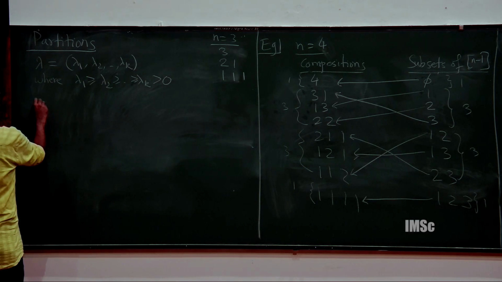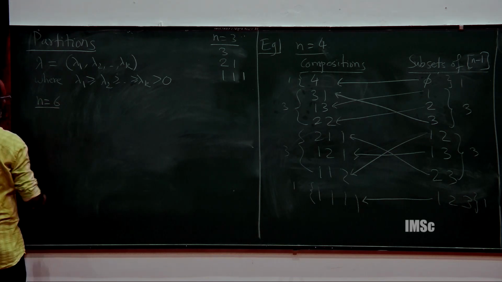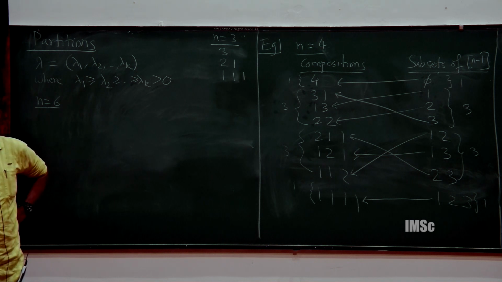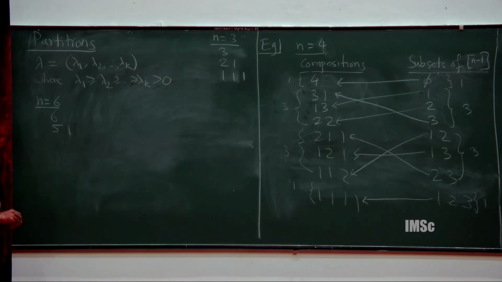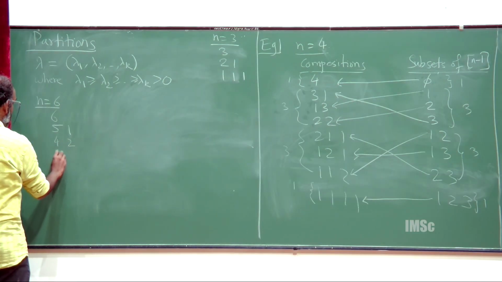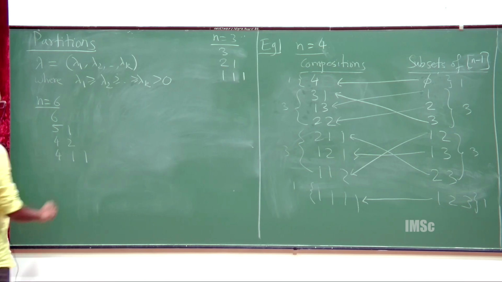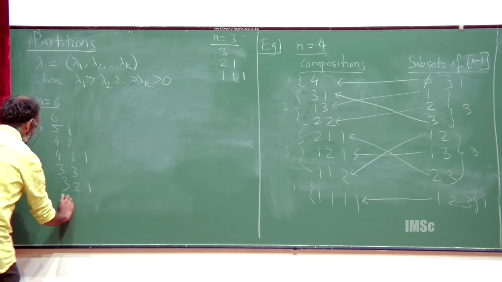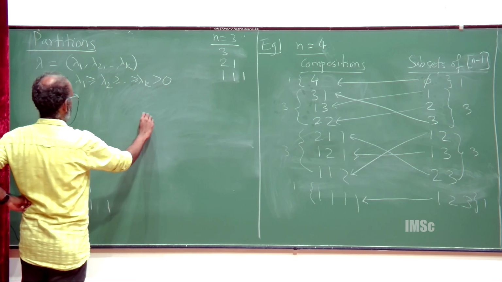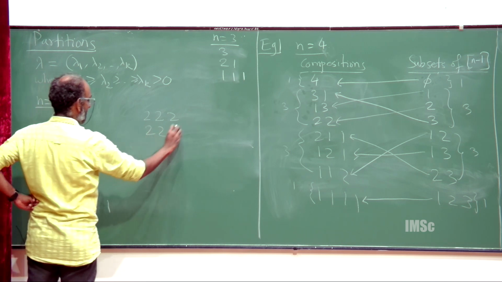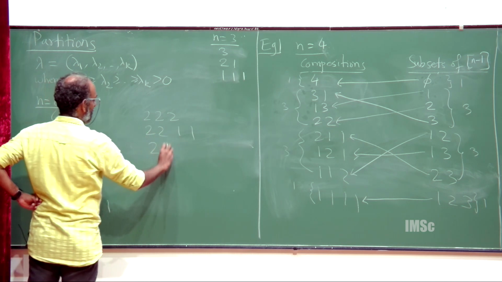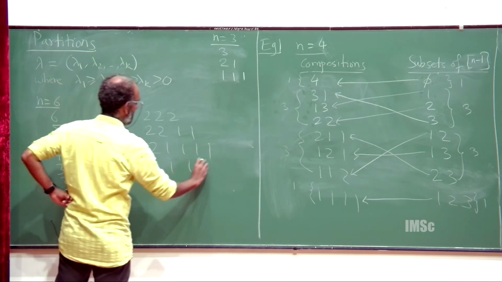So let's write all the partitions for n equals 6. 6, 5 1, good, 4 3, 4 2, 4 1 1, very good, 3 3, good, you are writing it in order, very good, 3 2 1, yes, 3 1 1 1, 2 2 2, 2 2 1 1, 2 and 4 ones, all ones.